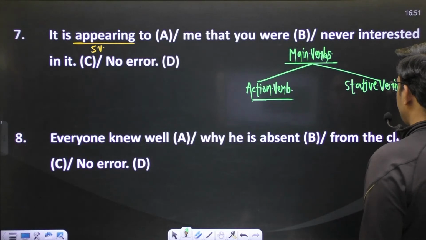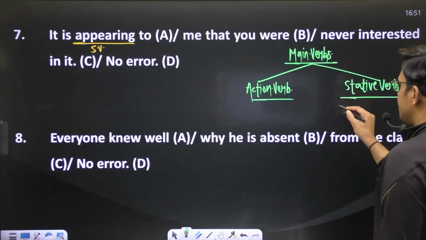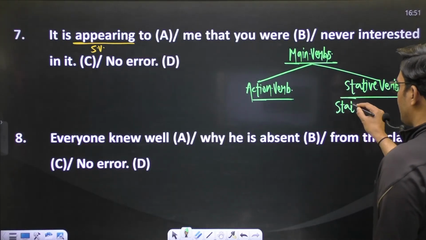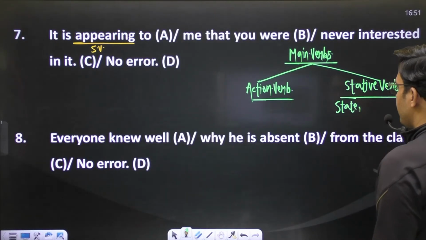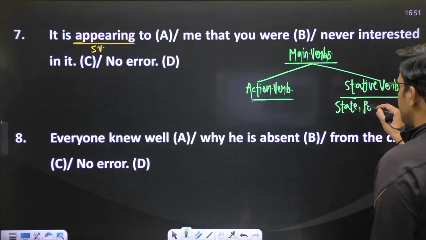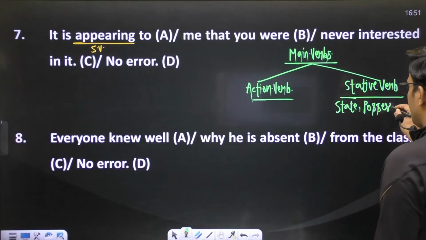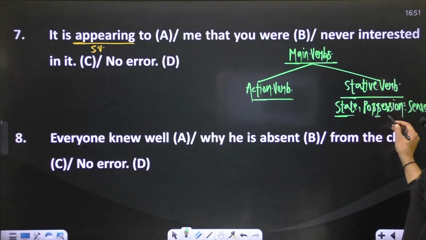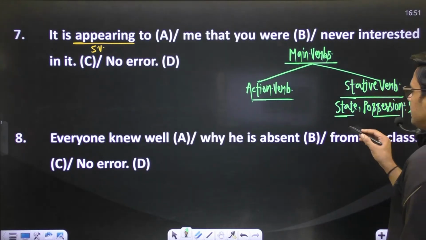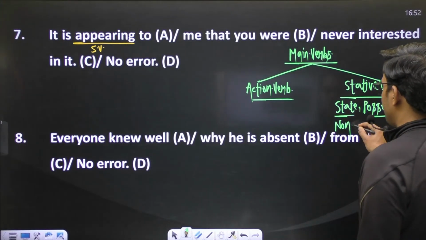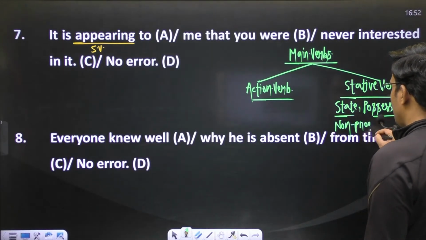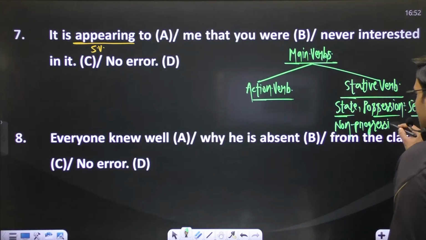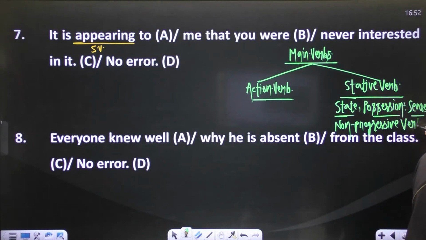These are the two types of verbs. Stative verbs are those which state a physical state, mental state, possession, or you can say the verbs of senses, right? And these are called non-progressive verbs. These are non-action verbs, right?